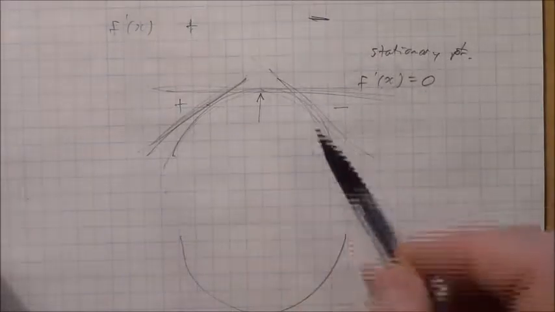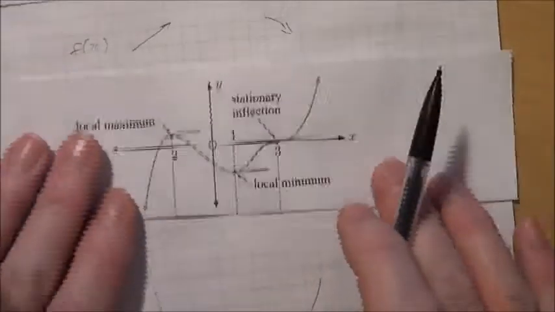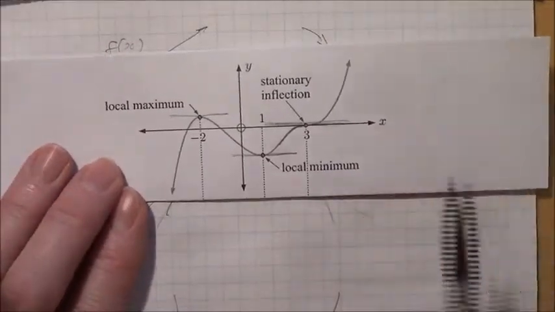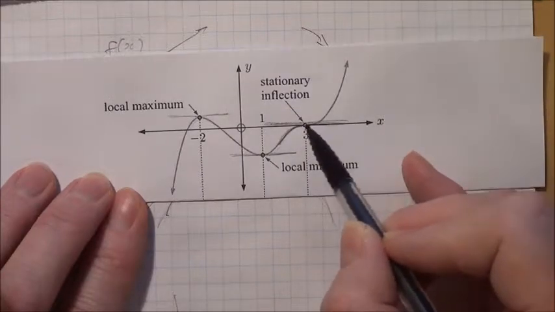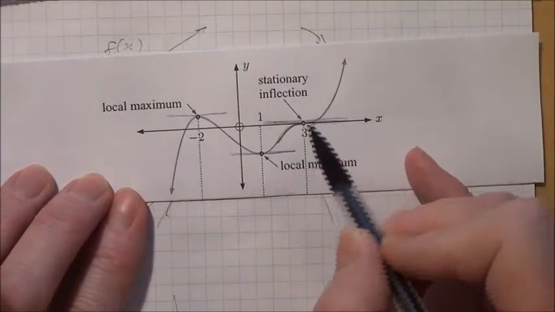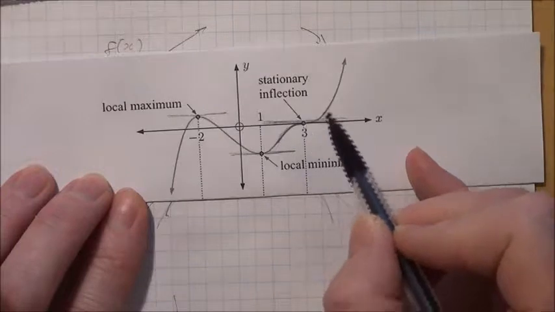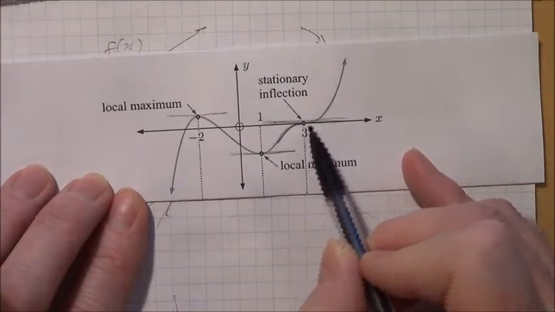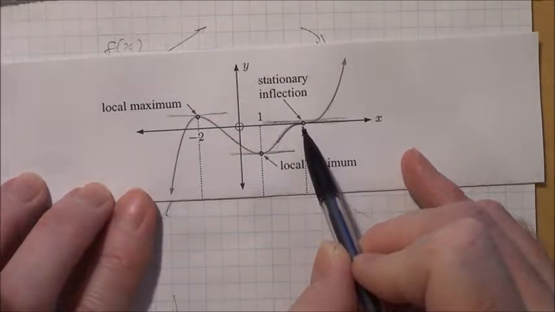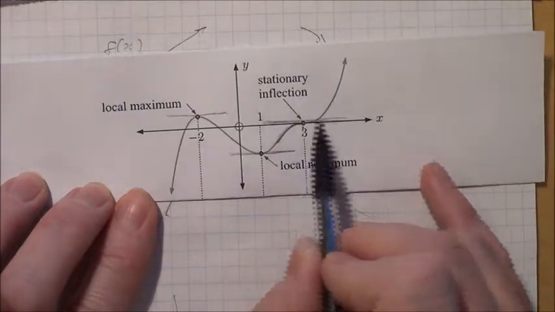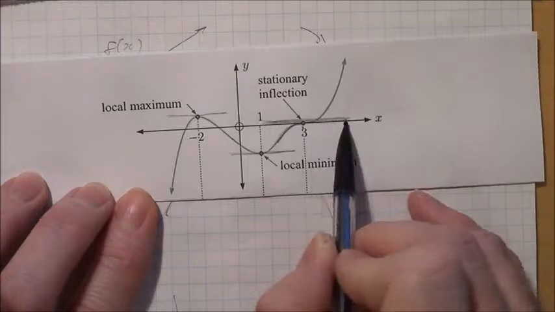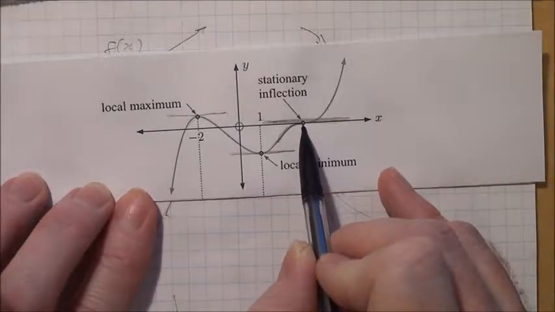Concave up is this way, concave down is this way. Where the concavity changes, here is concave down, and then on this side is concave up. So right in the middle, between the changes in concavity, is what's called an inflection point. And the stationary inflection point is where the tangent through that point is actually horizontal.